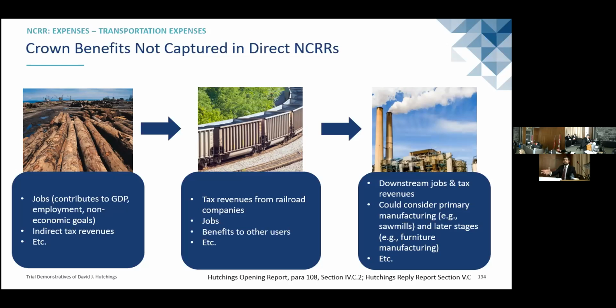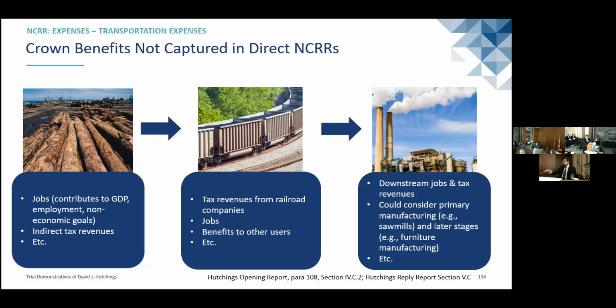These are what Professor Mintz and Mr. O'Riordan spoke about when they say apparently negative revenues can be explained by other tax revenues and other well-being or prosperity, I think is the word. In addition, the railroad companies themselves will pay taxes at some point, sometimes meaningful amounts of taxes. There are jobs created on the railroad companies. There can be other benefits to suppliers of railroad products. Those are not captured in our direct NCRR calculation.